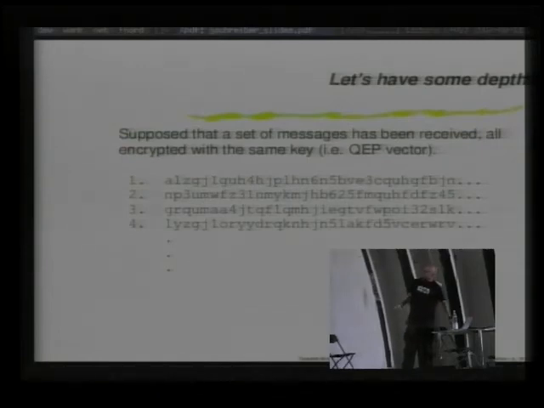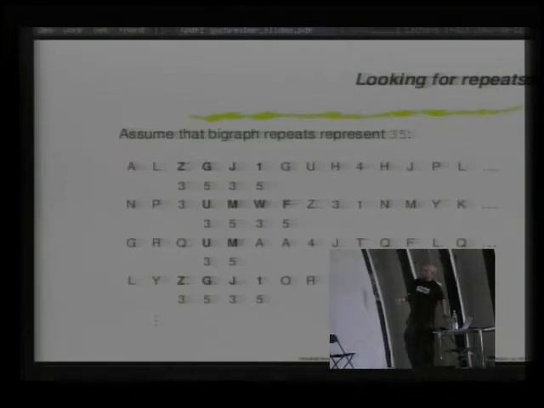Okay, so we've got these messages which we know nothing about. But we can look for stuff that appears a lot of times. Especially bigraphs, that means 2 characters one after another. So, for example, we have UM here. UM appears a lot of times. This is one thing you can't see in this because it's only 4 messages.